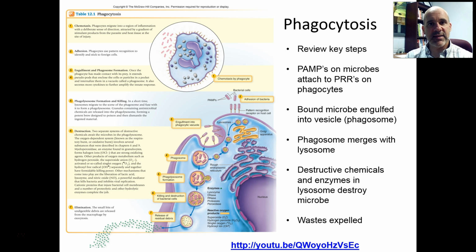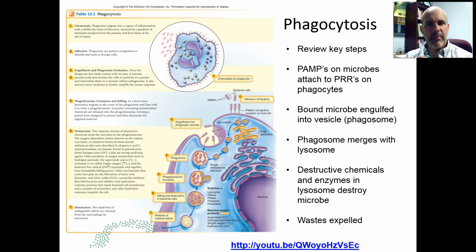So it's some sort of non-self molecule, but it's something you would find on many different kinds of bacteria or many different kinds of fungi or many different protozoans, things like that. Those are PAMPs, because PAMPs need to be things that help your phagocytes find microorganisms in a non-specific way.